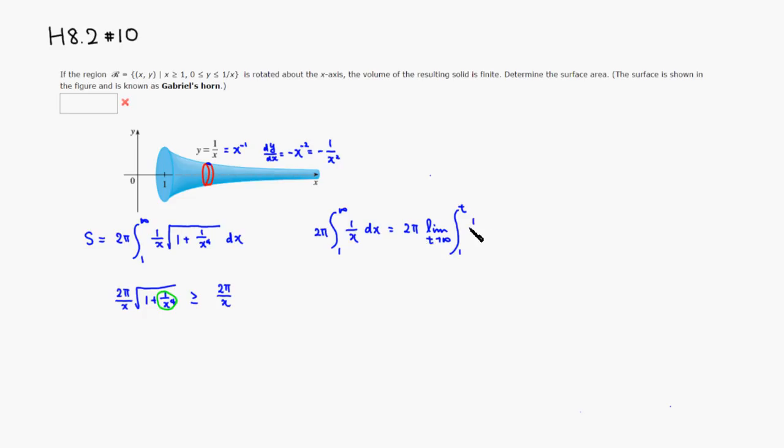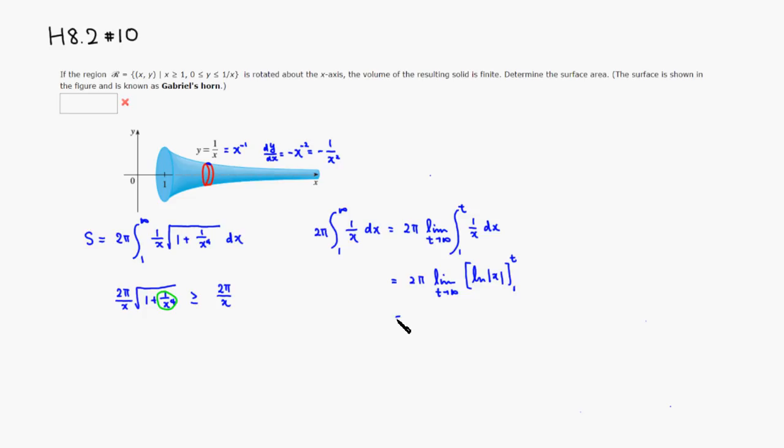So 2 pi times the limit as t approaches infinity of the integral of 1 over x dx. The antiderivative of 1 over x is the natural log of the absolute value of x, going from 1 to t.